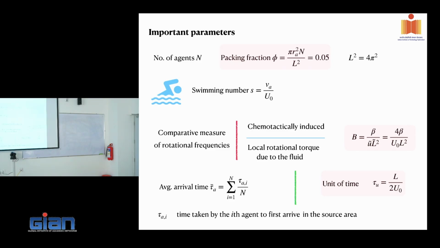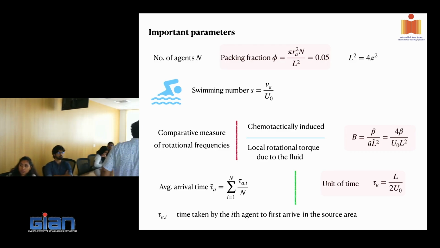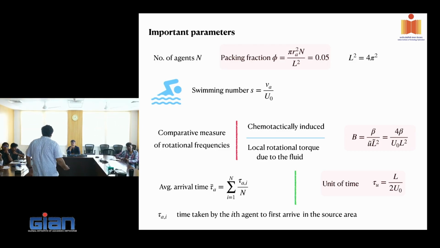So in this problem, now after introducing it, I have shifted to something that I have worked out a bit. The packing fraction that we are going to consider is very small, 0.05. I will define a dimensionless number called the swimming number, which is simply the constant self-propulsion speed divided by the maximum flow velocity, because that is what is there in my prescribed flow.